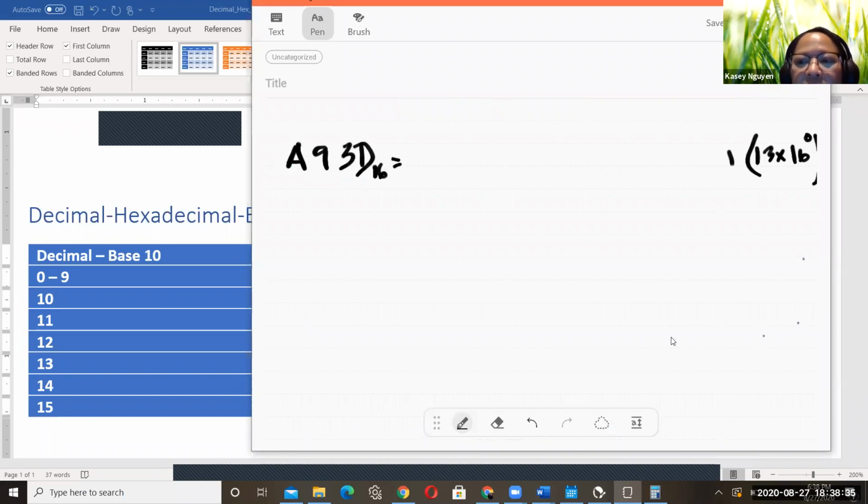I use parentheses so I don't jumble them up, and it's just better so that you can multiply first and then add. And then 3 is 3, so 3 times 16 to the first, plus 9 is 9 in decimal, so 9 times 16 to the second, plus A is 10, so 10 times 16 to the third.